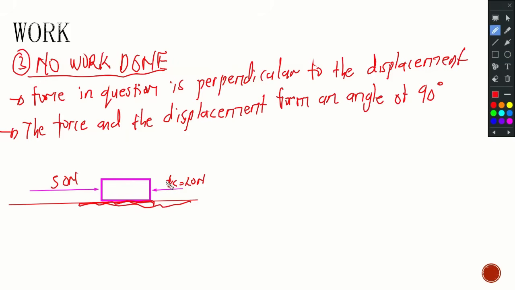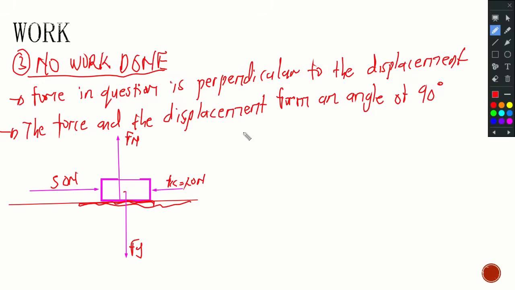But then this time around, we have the normal force and also the gravitational force. So, okay, the normal force must start all the way from the surface. Okay, there we go. So this is our normal force, perpendicular to the surface, and then also our Fg.